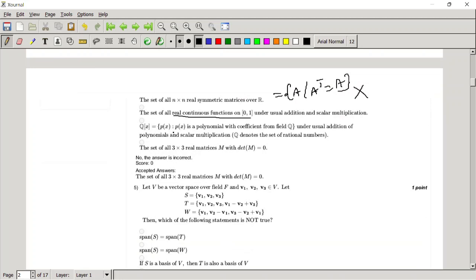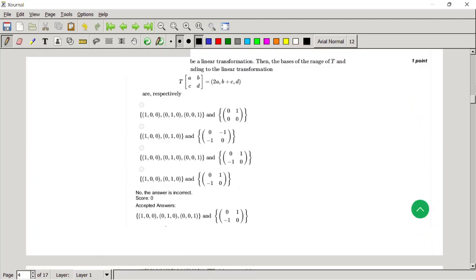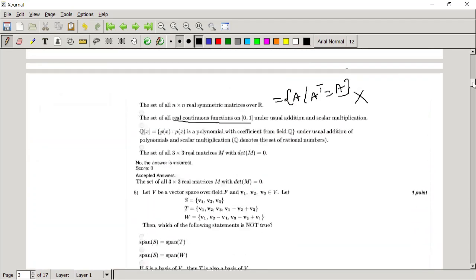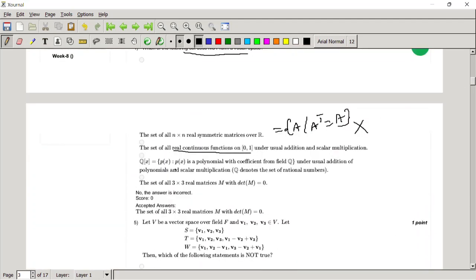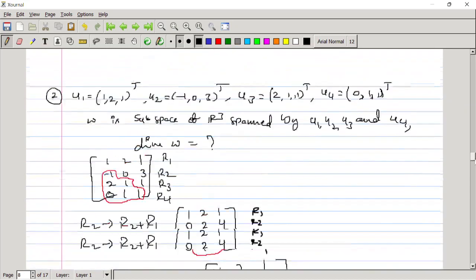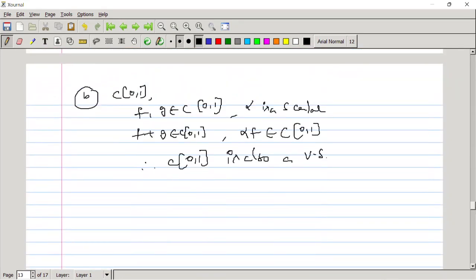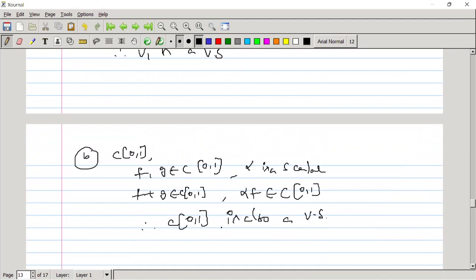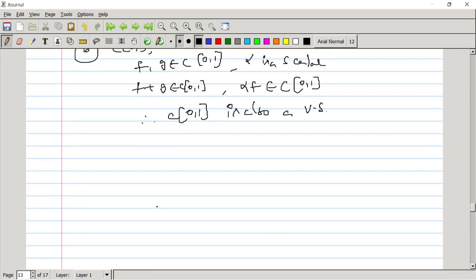Similarly, in the third option, by the same calculations as option 2, we can say that the third option, Q of x, is also a vector space.